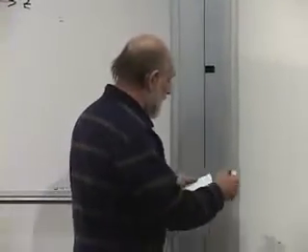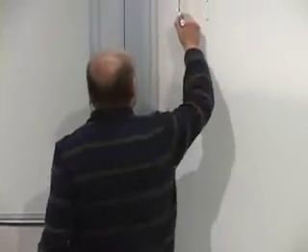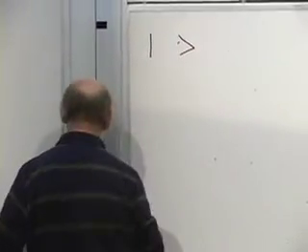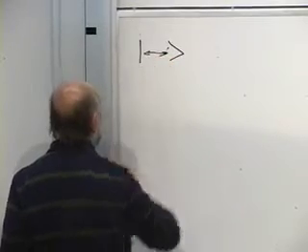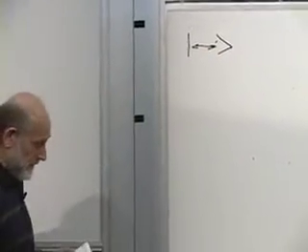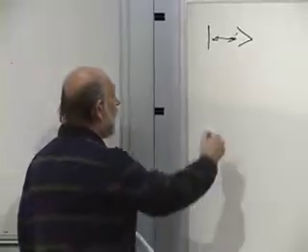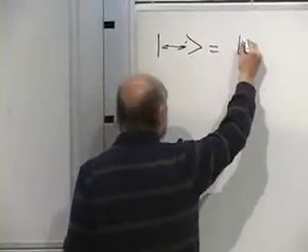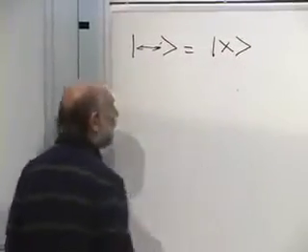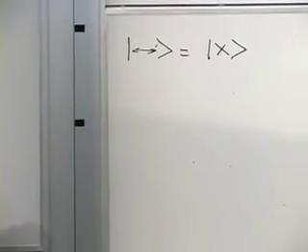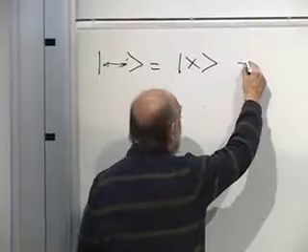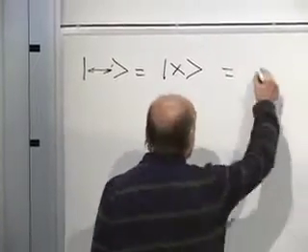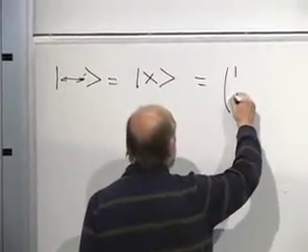The two orthogonal states of polarization we could label, first of all, with a ket vector. And we could label them this way. This represents polarization along the x-axis. We could also just call it polarization along the x-axis. And we could, if we like, associate with it a column vector. The column vector could be taken to be 1, 0.